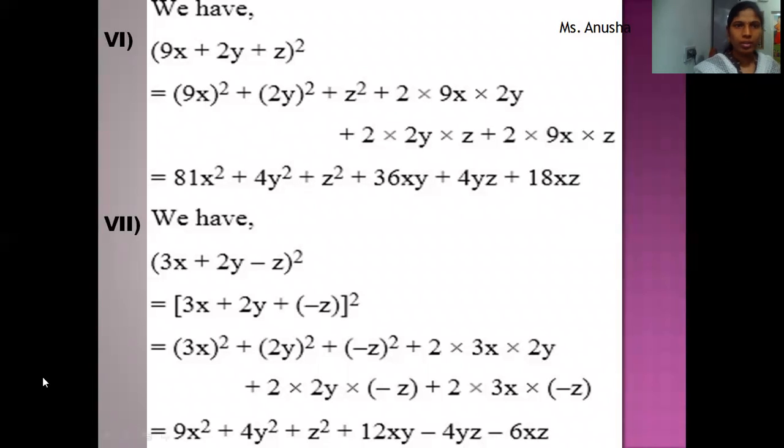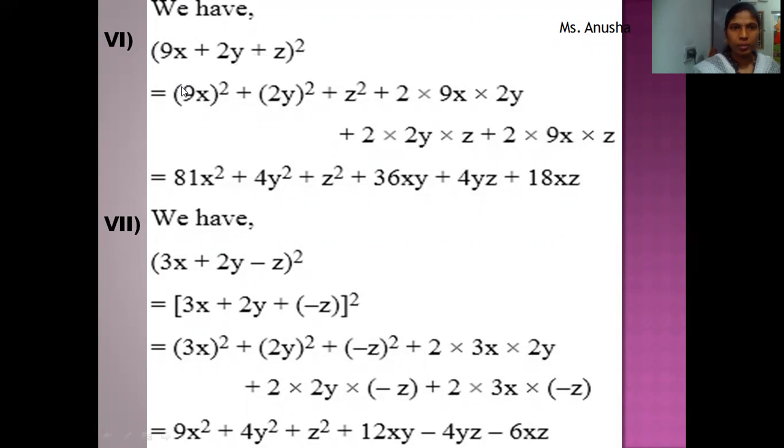Then the next example is (9x+2y+z) the whole square. Here the identity which we are using is (a+b+c) the whole square. You can go through that algebraic identity slide and study it. The formula is a square plus b square plus c square plus 2ab plus 2bc plus 2ca.